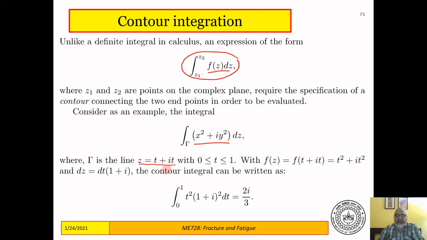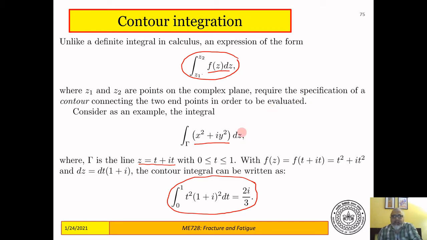And then I know what to do. So I evaluate f(z). In place of z, I put t plus it, and that gives me this integral, which I can easily integrate from 0 to 1 to get 2i by 3. So this is pretty simple.